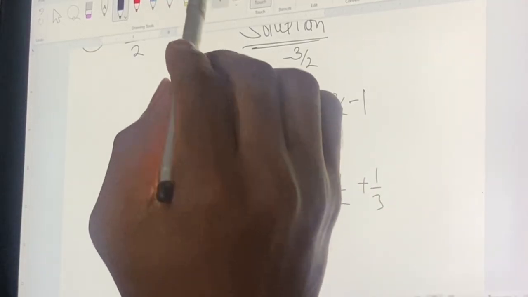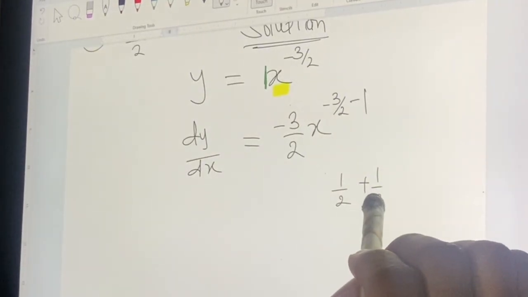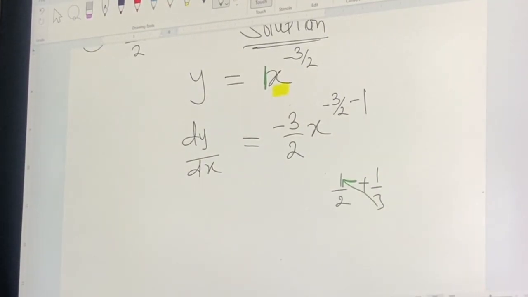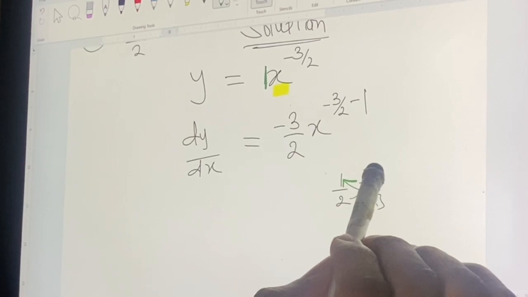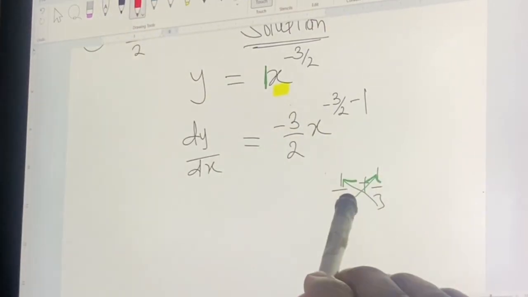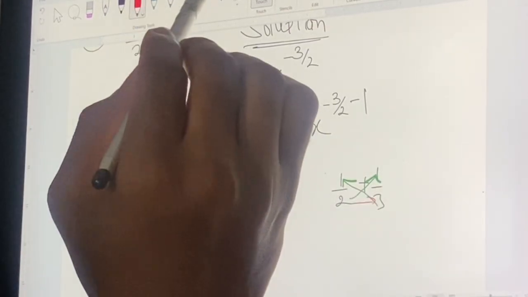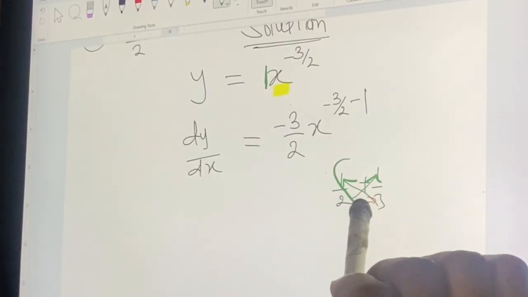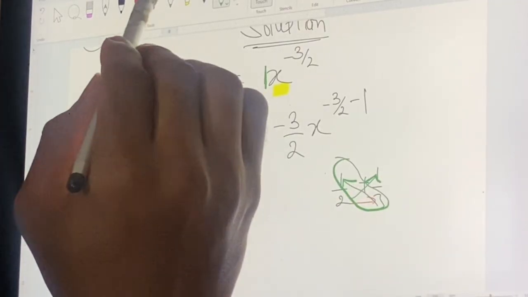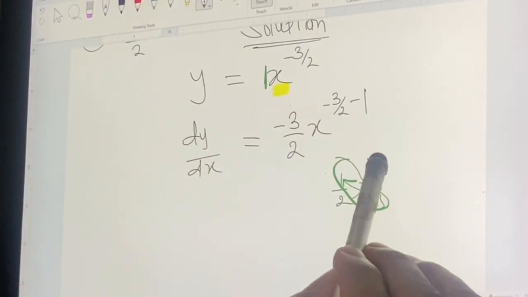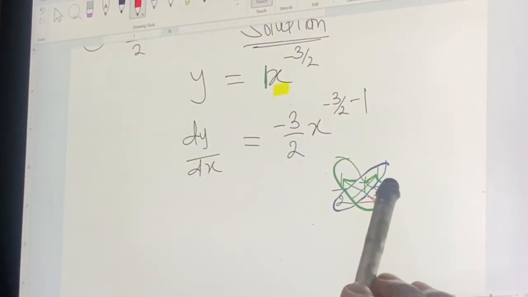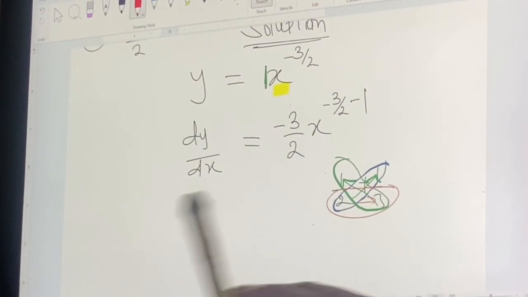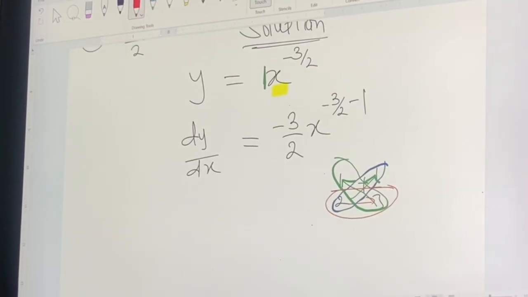What is the butterfly method? You multiply this 3 to this 1 here. You multiply 2, the denominator at the left hand side, to the opposite, which is this one, and you multiply both denominators. So it's looking like this, just like a butterfly. This to this, and this to this, that is the denominators.